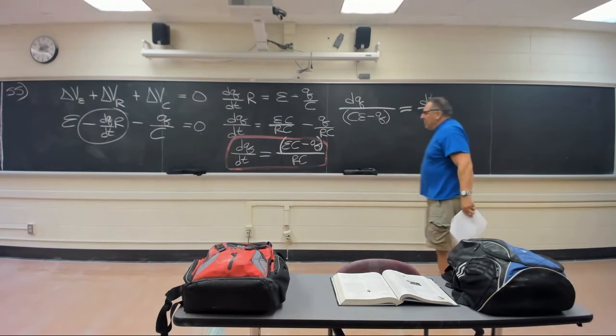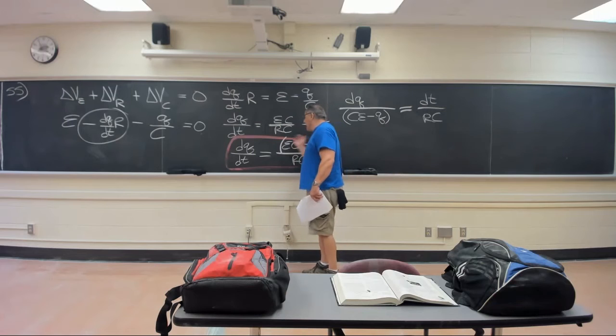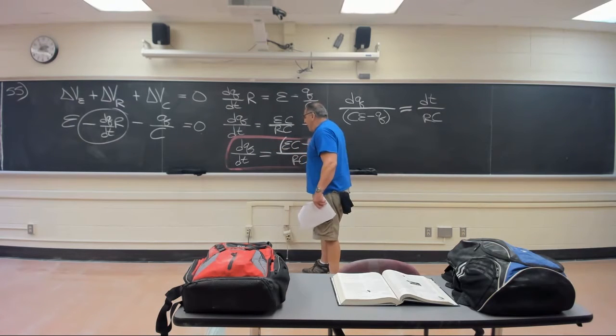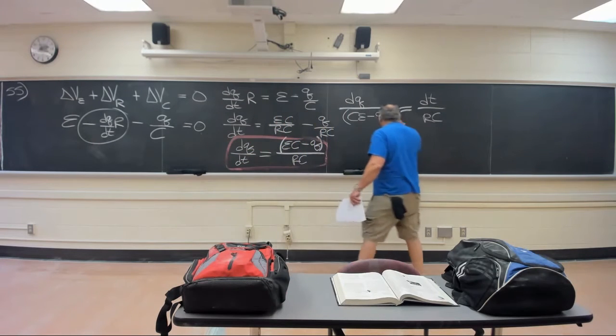Once again, you took the numerator and divided by that numerator on each side of the equation. After you've done that, you multiply by dt on each side. And that gets you here.